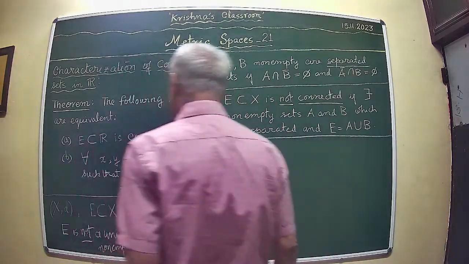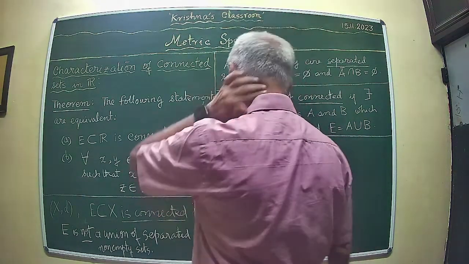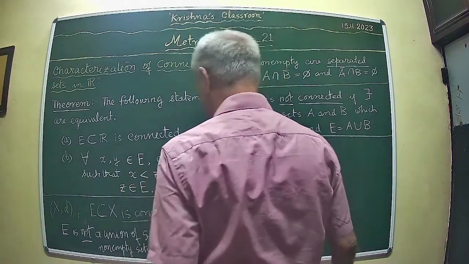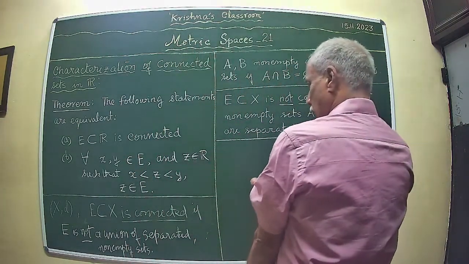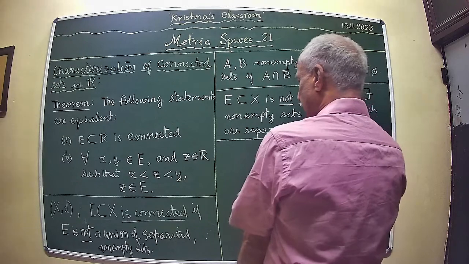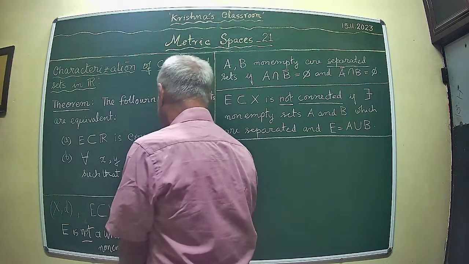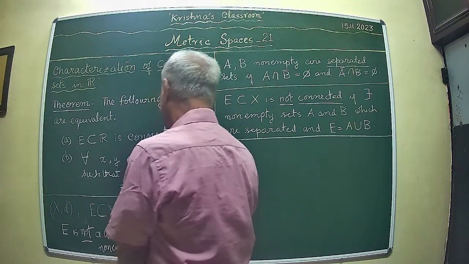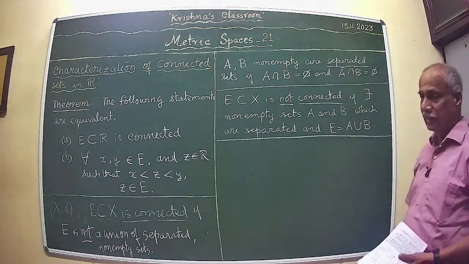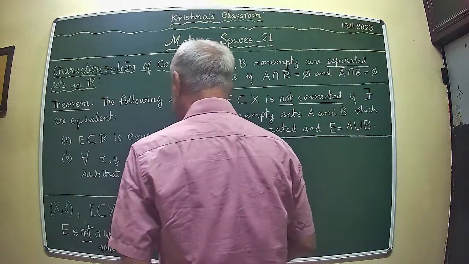Now the second statement, this first one is a very general statement, and the second statement is specific for R. So it says for every x and y belonging to E and z belonging to R such that z lies between x and y, then z belongs to E. Now this you would recall is also a characterization of an interval.